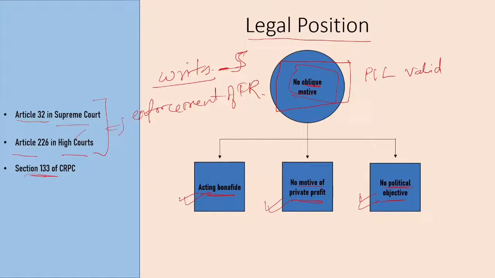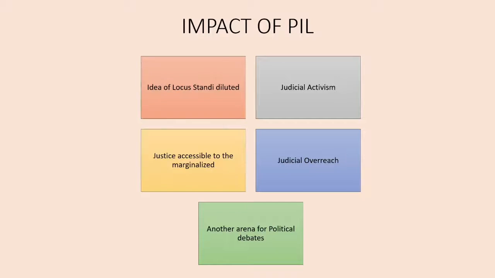These are not exactly PIL, but yes, in matters of public importance, like health in the local neighborhood or to prevent injury to anyone walking on the road, a third person can definitely approach them for redressal for such cases. Now coming to the impact of PIL.